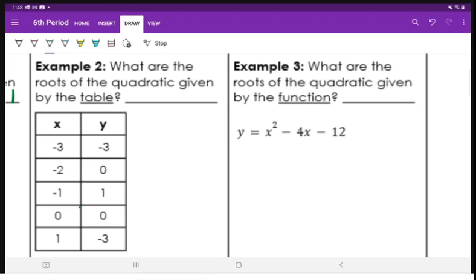Okay, so let's think this through. The definition of a root, what's the important part from that definition that you underlined? Y is 0. So looking at this table, what should we be looking for? On the y values, exactly. So I see that in a couple of places, but is that our answer?